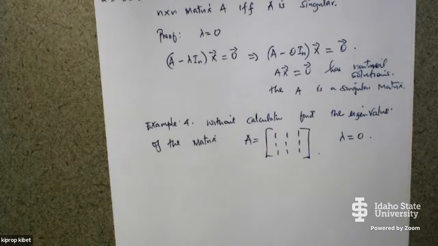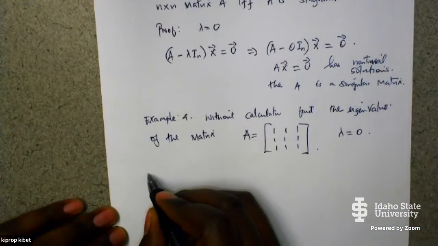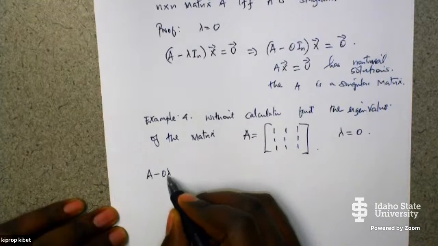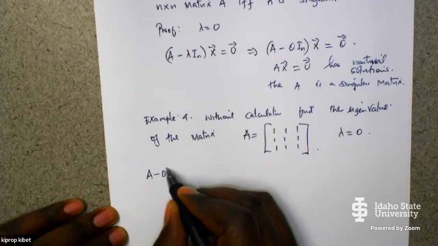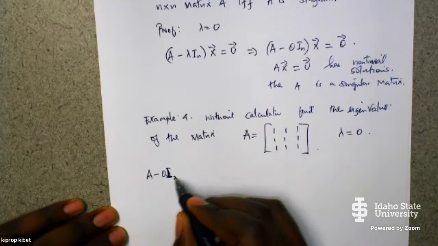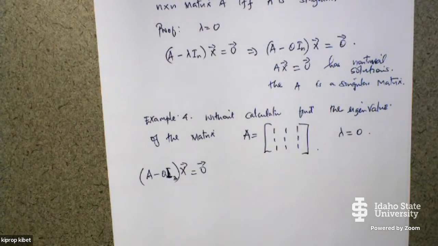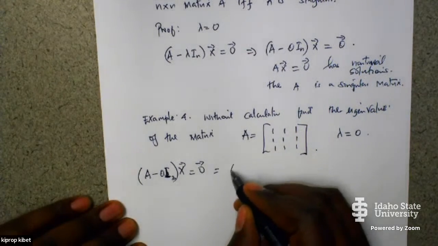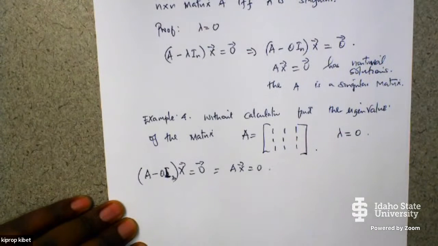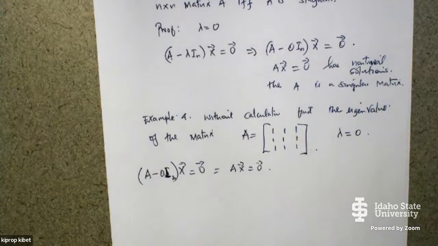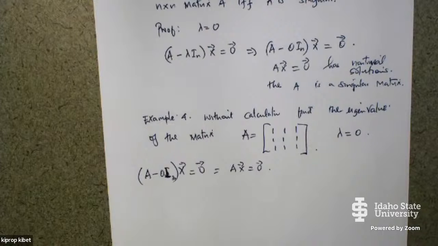Now if our lambda is equal to 0, let's get the eigenvectors. So A minus 0 times I3, x is equal to 0. Therefore Ax is equal to 0. What we need to do is solve this matrix to get the values of x.